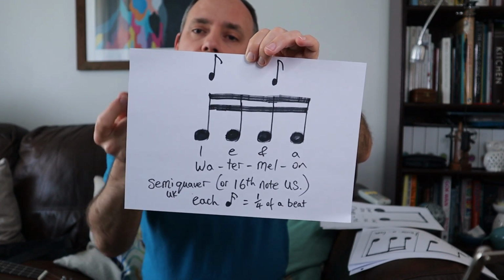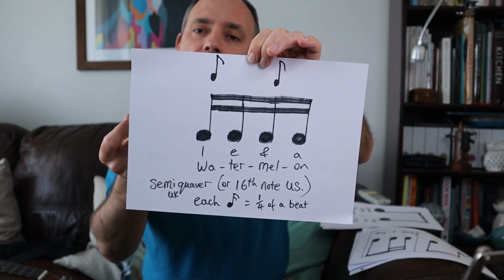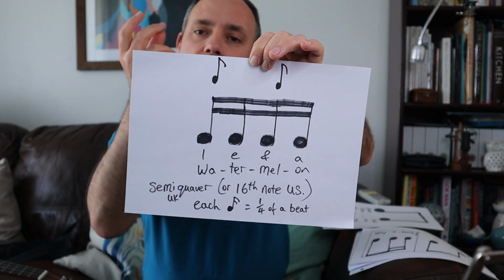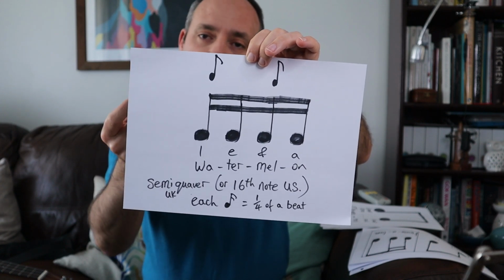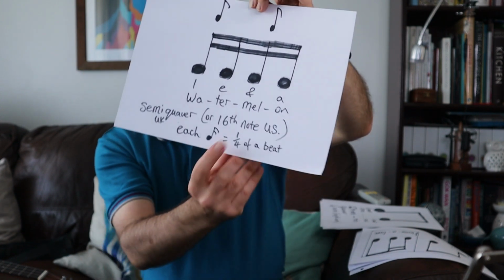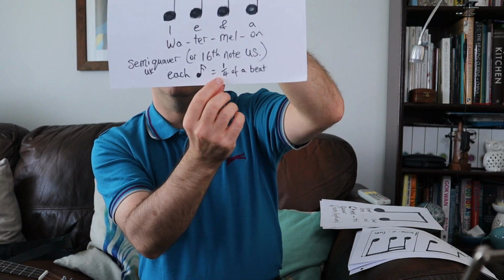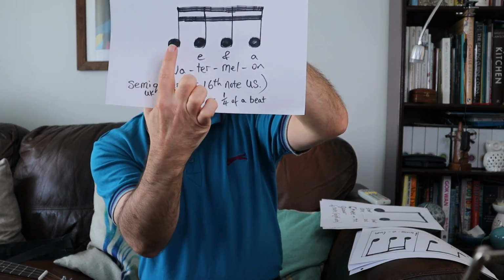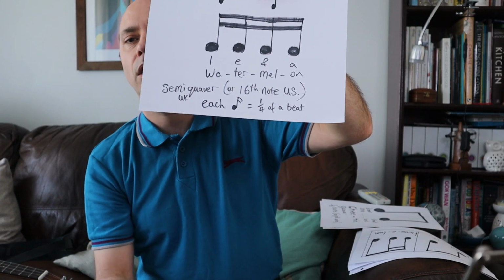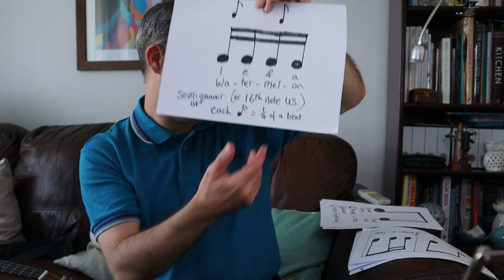Do you get the idea? Individually, each one of these is worth a quarter of a crotchet beat. That was the only other bit I hadn't mentioned.